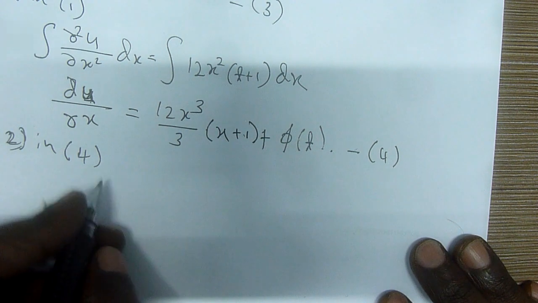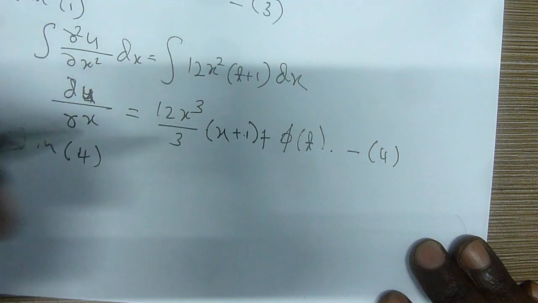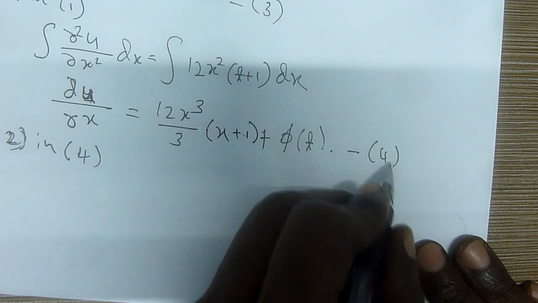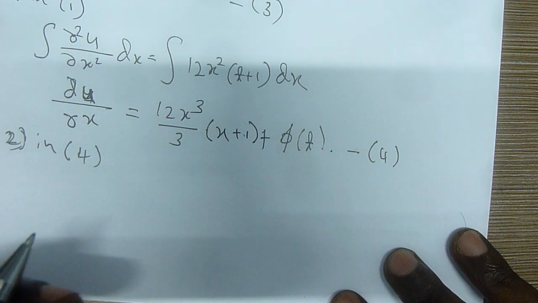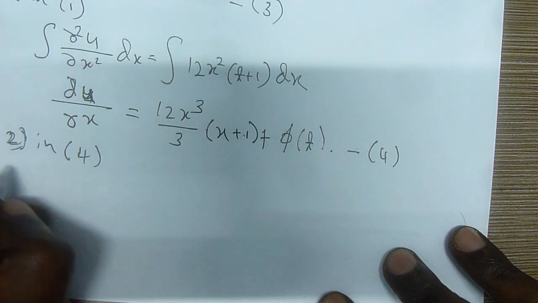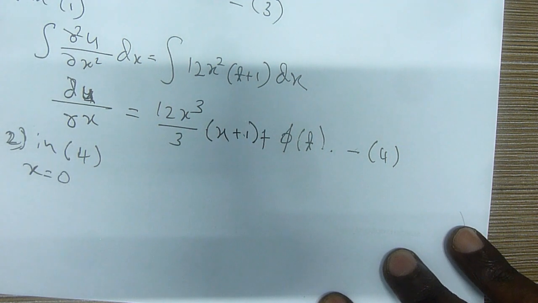I place condition number 2 inside equation number 4. Once I insert it, it becomes very simple. That means x equals 0. Very obvious, right?